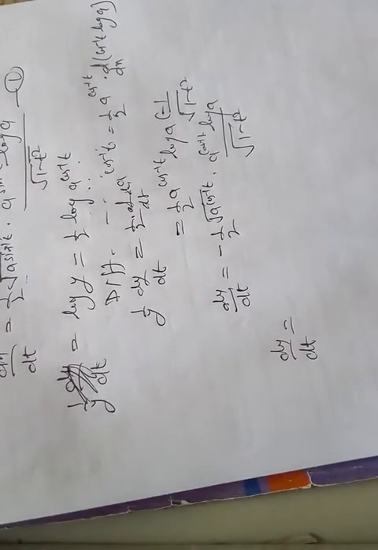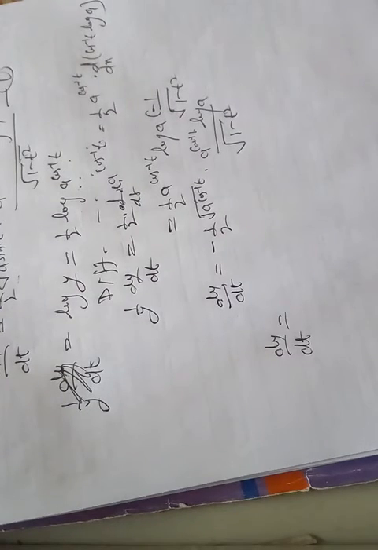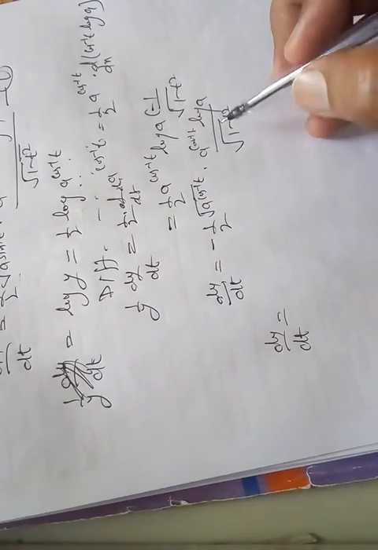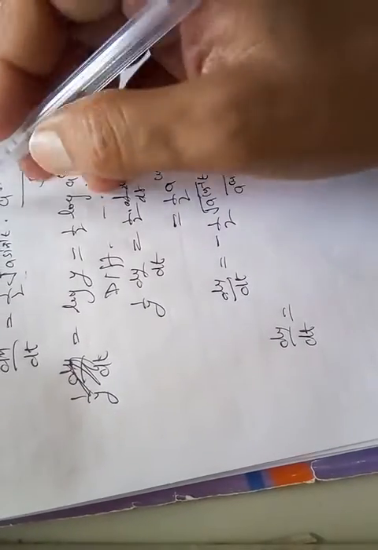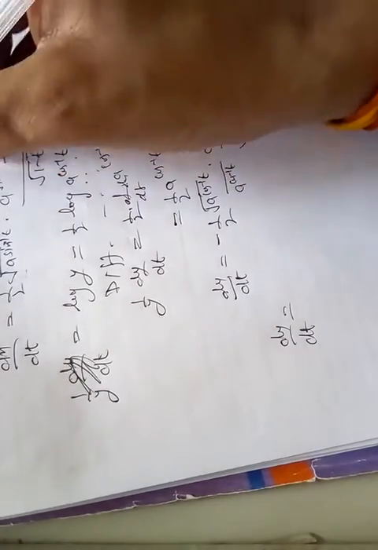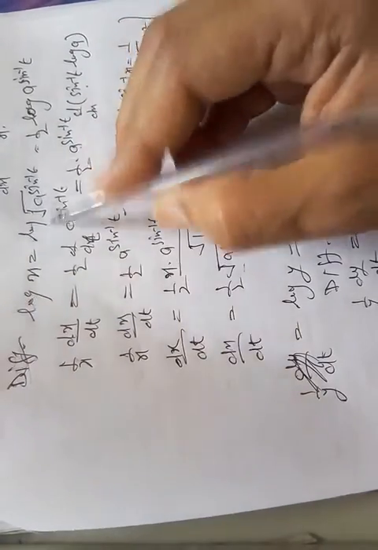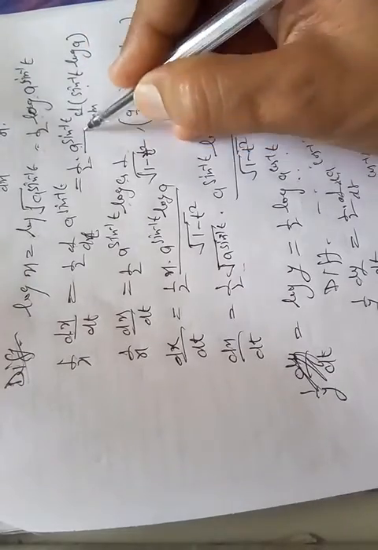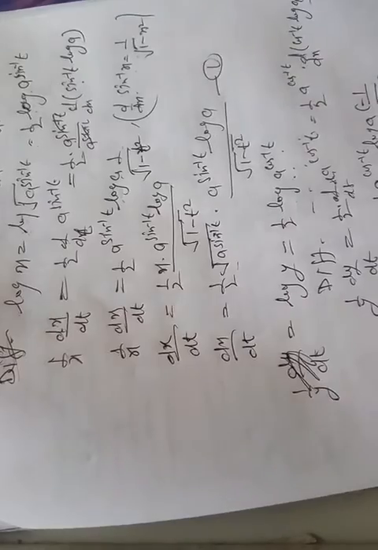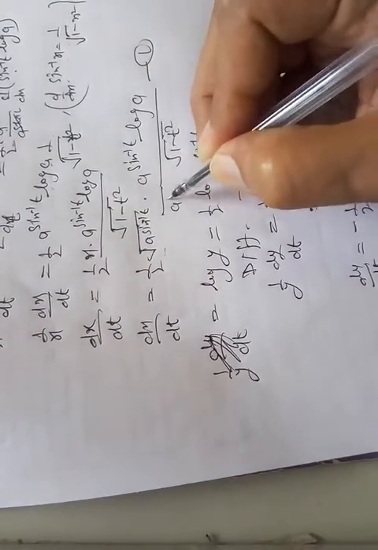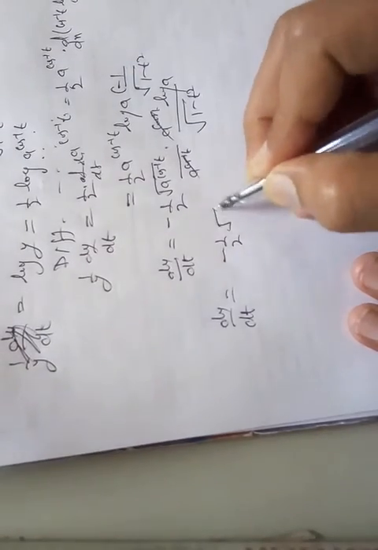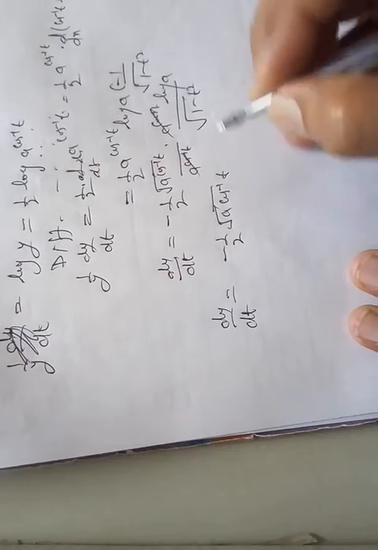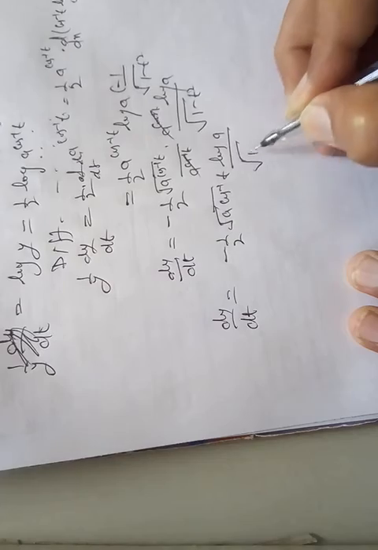So dy/dt equals minus 1/2 under root a raised to cos inverse t log a upon under root 1 minus t square.